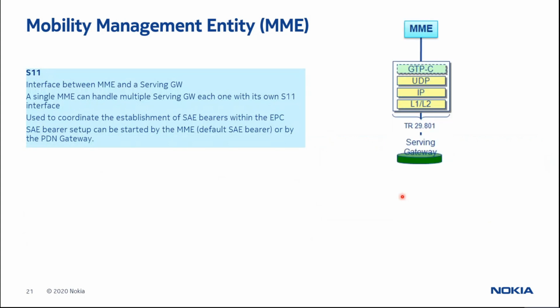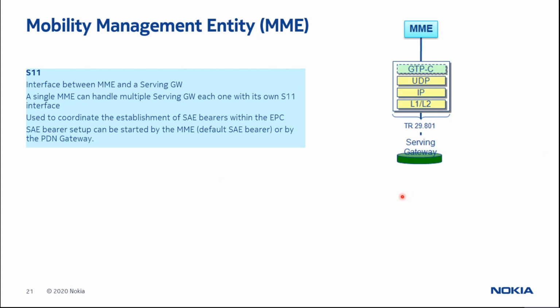The mobility management entity, on the other hand, has so many interfaces. It is one of the key elements of a core network. On one hand, you have the interface towards eNode B that we already discussed, which is S1-C. On the other hand, MME has an interface towards HSS, which we just discussed.